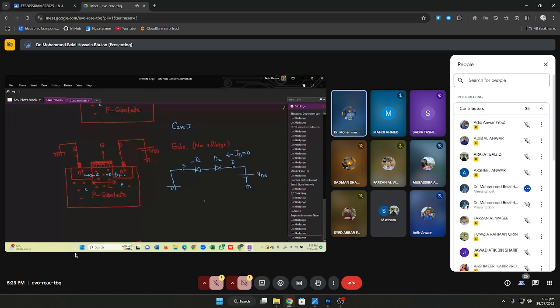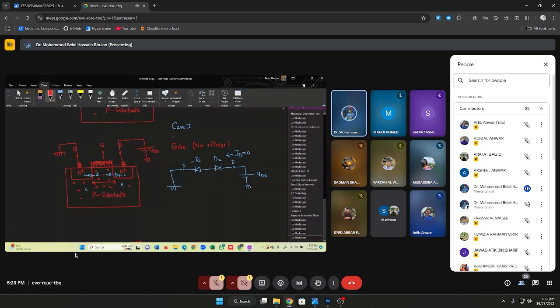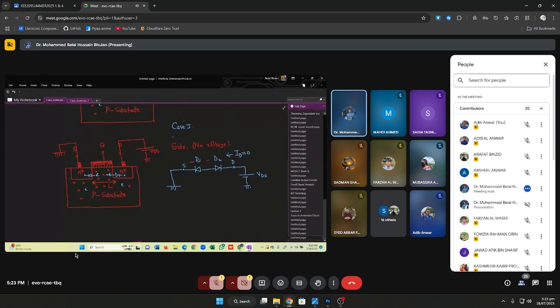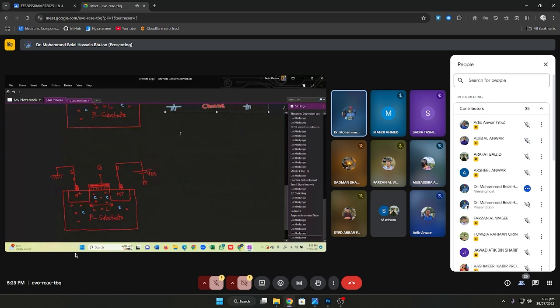No conduction of current in the channel region. Now, just for simplification, let's say it looks like this.